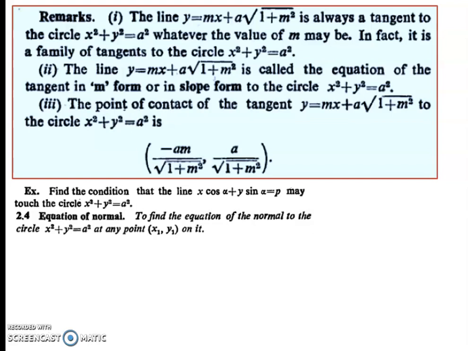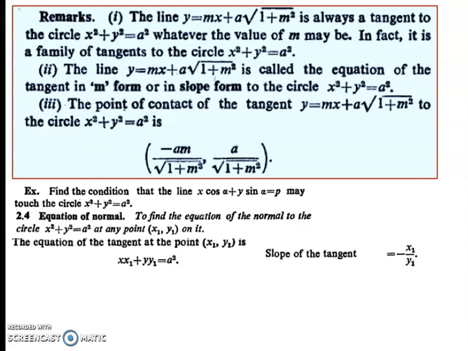To find the equation of normal to the circle x square plus y square is equal to a square at any point x1, y1 on it. Student, it's very easy when we write the equation of tangent. So what is the equation of tangent? From there we find the slope of tangent, the slope of normal, and then we write the equation of normal. The equation of tangent is xx1 plus yy1 is equal to a square.